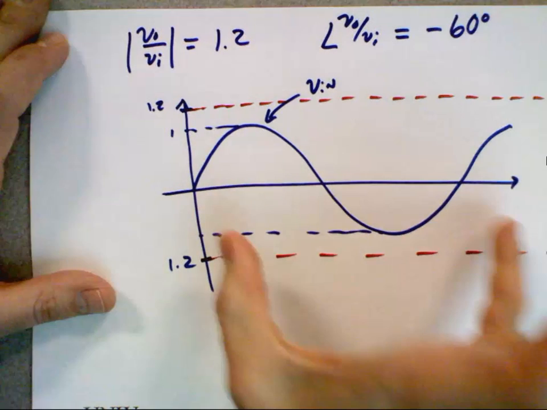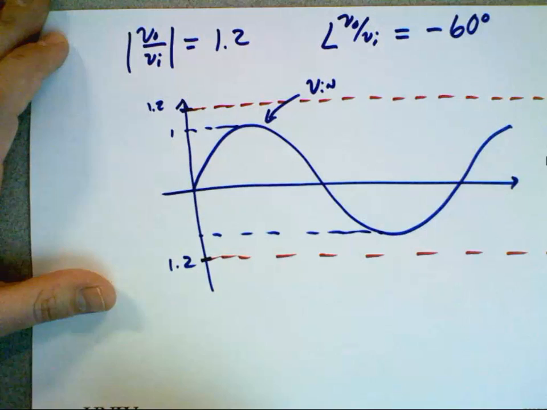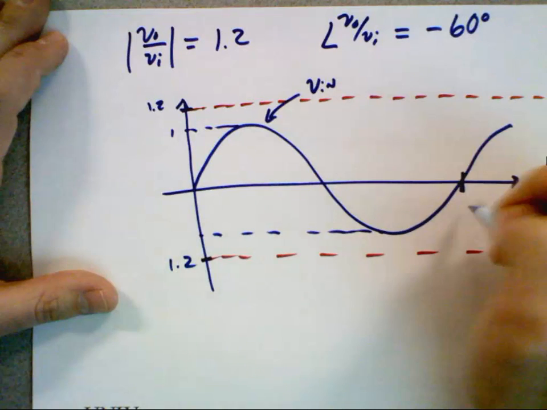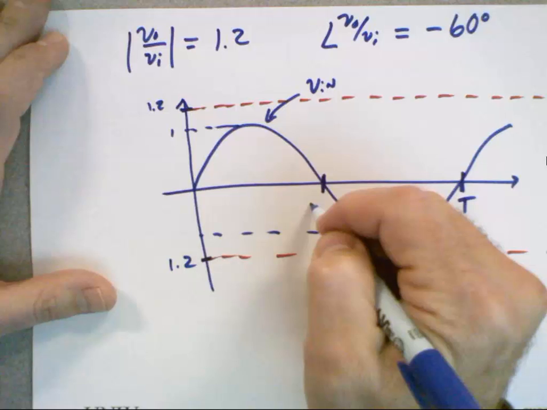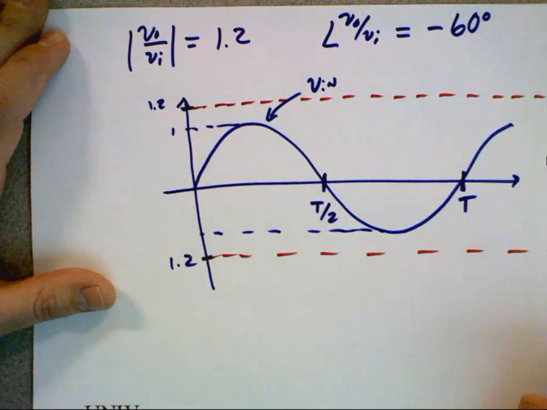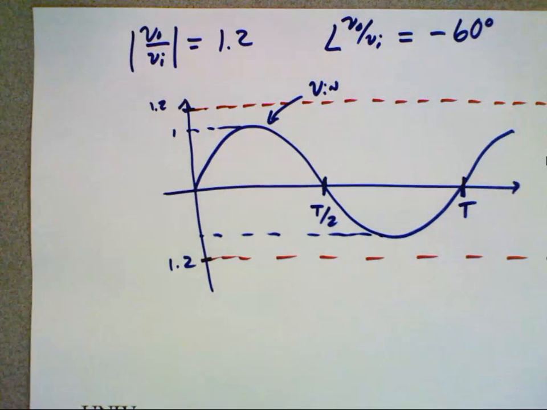I just don't know where. What do I know about the frequency of my output? Again, it's the same as my input. So if that's T, this is T over 2. Okay, so far easy, right?